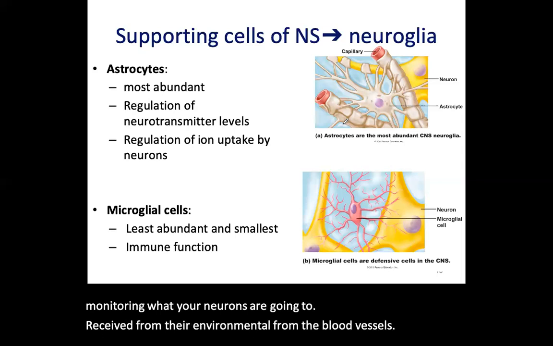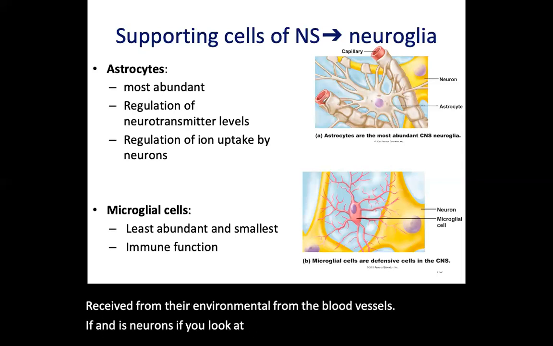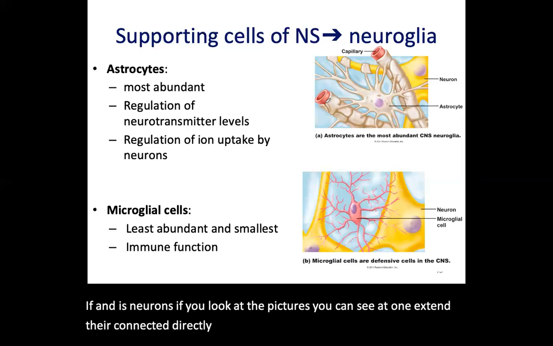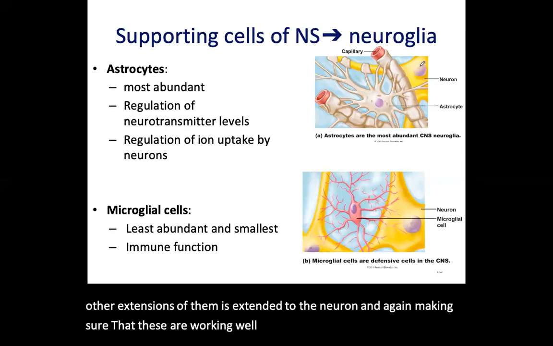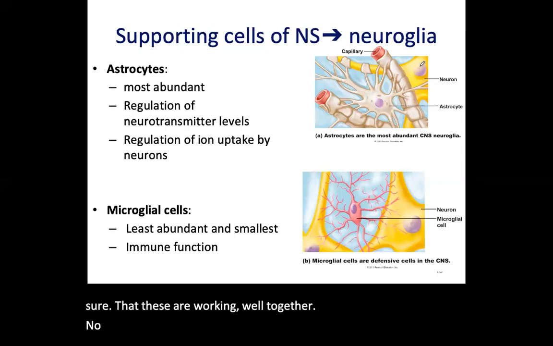If you look at the pictures, you can see at one extent they're connected directly to the capillary beds, which is in red, and the other extensions extend to the neuron, making sure that these are working well together.